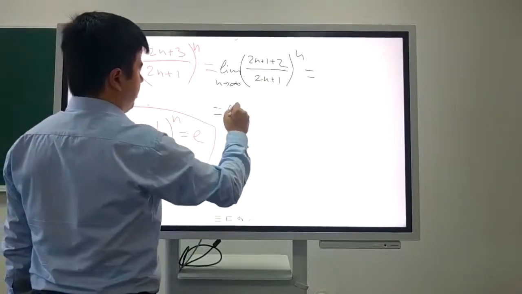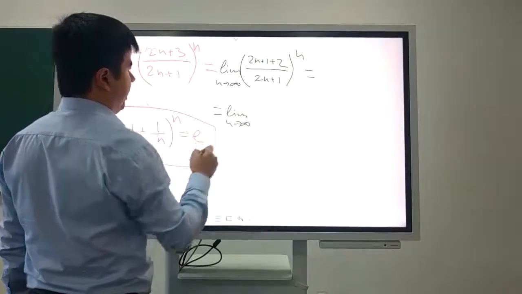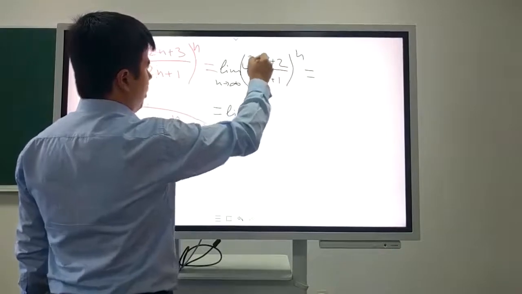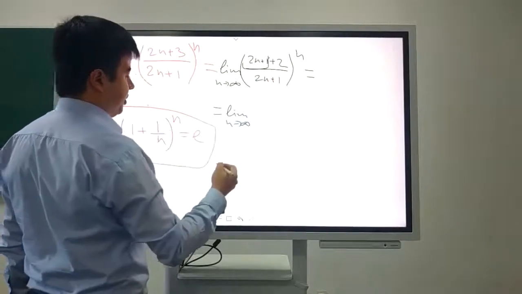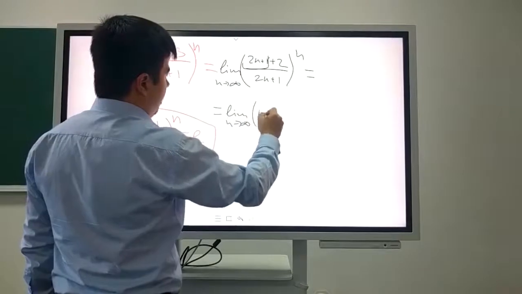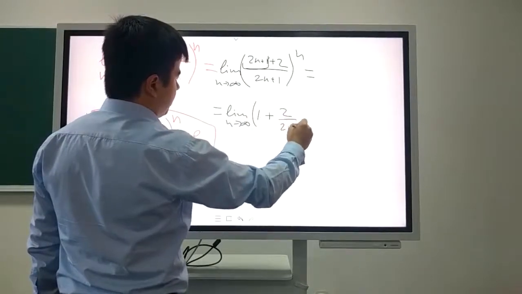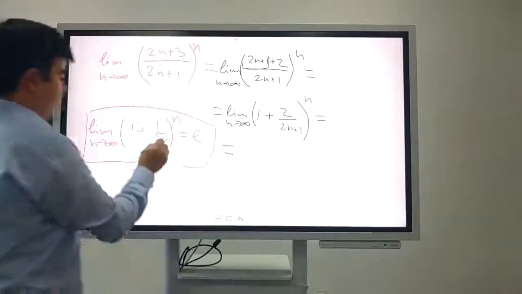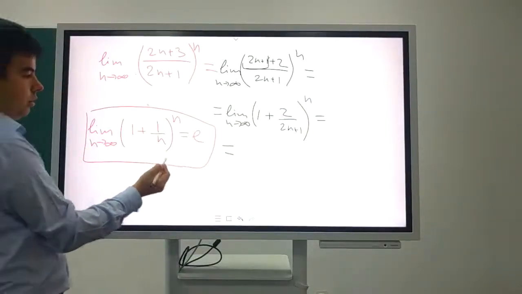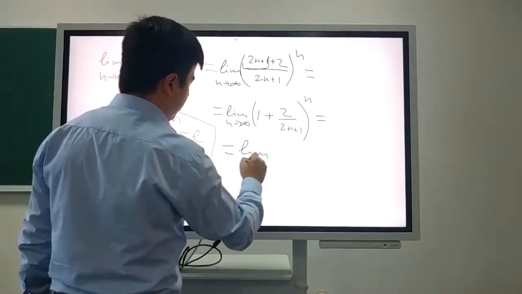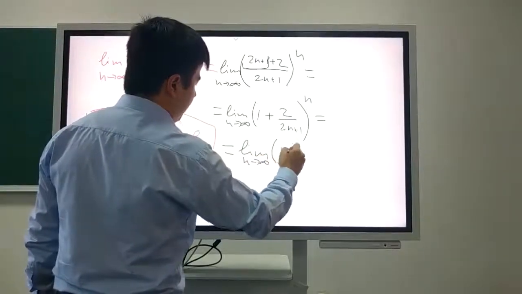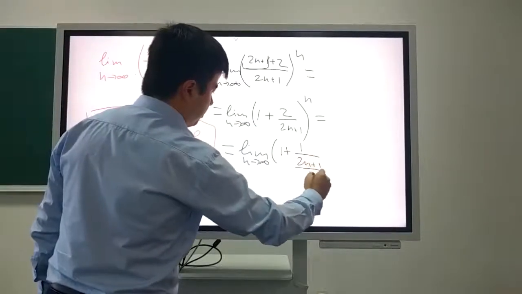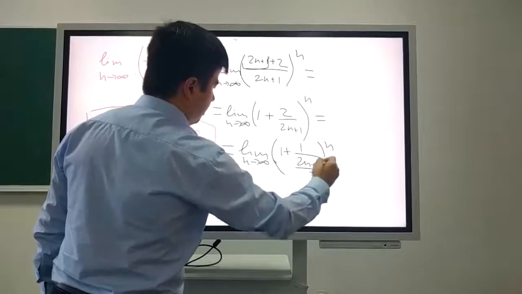Limit n tends to infinity. Here we have 2n plus 1 as one fraction and this one as the second fraction. So it is 1 plus 2 over 2n plus 1, to the power of n. Now we need the form 1 over n, so we write 1 plus 1 over (2n plus 1 over 2), to the power of n.